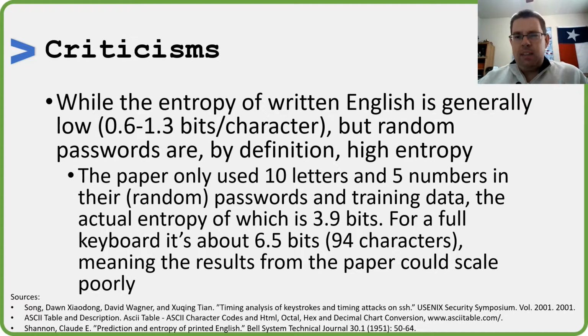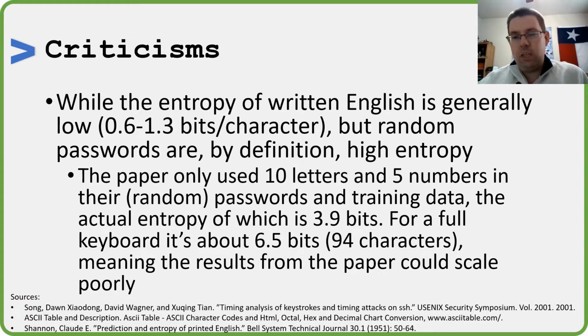I estimated that the entropy that they're dealing with when they had 10 letters and 5 numbers that they restricted themselves to in the study, you could cover that in 3.9 bits. Compress it down to 3.9 bits, or cover 15 characters in 3.9 bits.